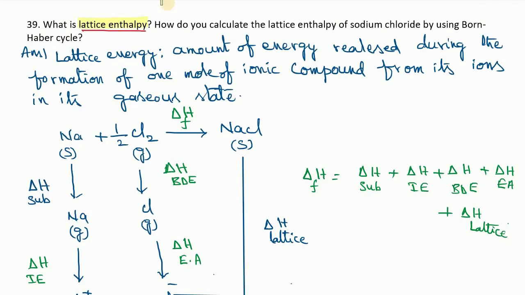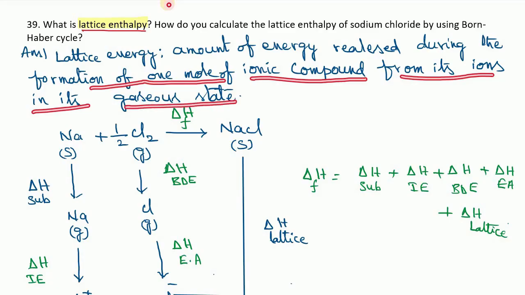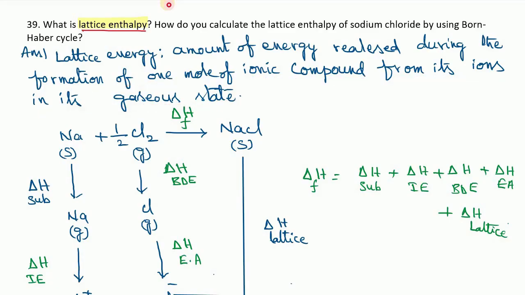The amount of energy released during the formation of 1 mole of ionic compound from its ions in their gaseous state. These three words are very important. Amount of energy released when 1 mole of ionic compound is formed from gaseous ions.